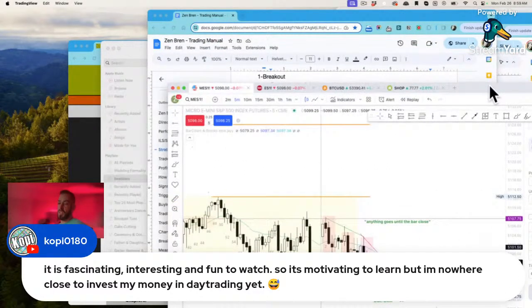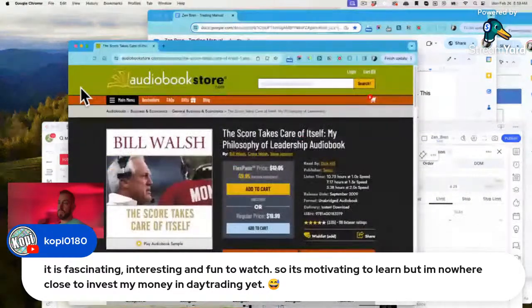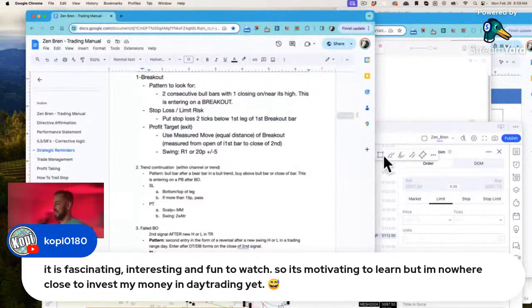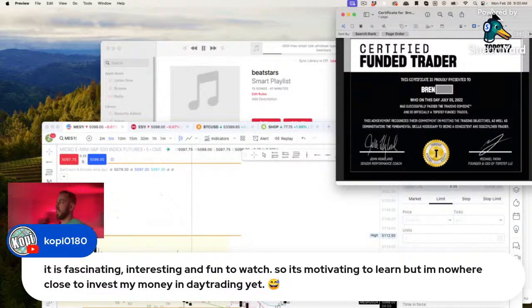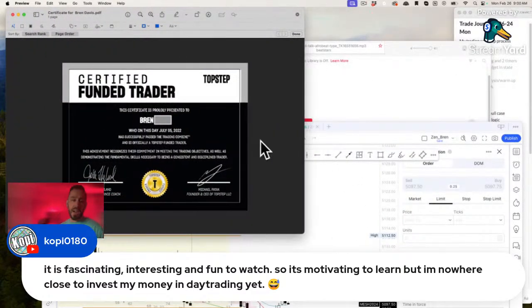I was showing the certificate. There it is. Kopi, you can do this. You can get a funded account, and this is with Top Step. This is how I got a 150K account with Top Step.